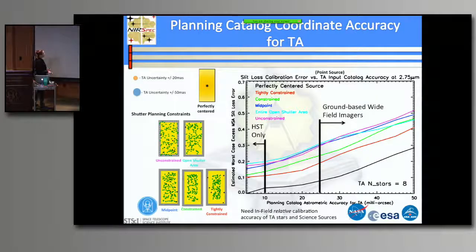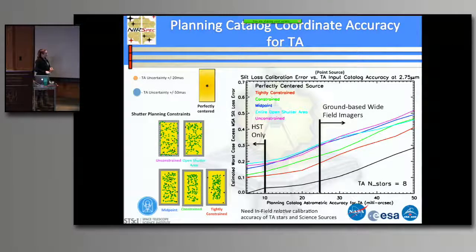A key point is that if you want the best accuracy in your flux calibration, you need good astrometric accuracy observations, and below 10 to 15 milliarcseconds, HST, I think, is one of the only games in town. We've done a little bit of investigation, and some of the ground-based wide-field imagers that cover the NIRSpec footprint and field of view at best get down to 25 milliarcseconds accuracy.